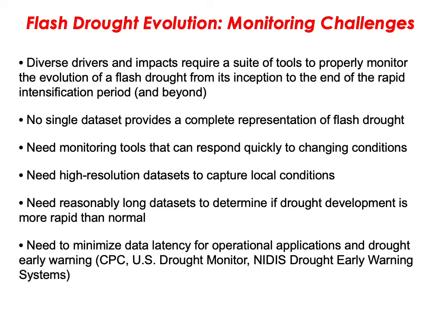A final point I want to make here is that in the context of operational applications in drought early warning systems, it's also important to minimize data latency as much as possible because data lags can delay drought mitigation efforts. This is also relevant for the NIDIS drought early warning systems where the spatial and temporal resolutions of those systems need to be increased as much as possible in order to provide early warning of flash drought development.